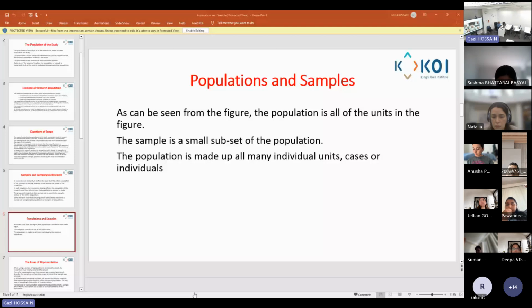Your sample only represents 50% of the population. The other 50% is missing. It is not a good sampling technique. So when we draw the sample from our population, we try to cover every characteristic, or at least most of the characteristics, of our population. This is the message.